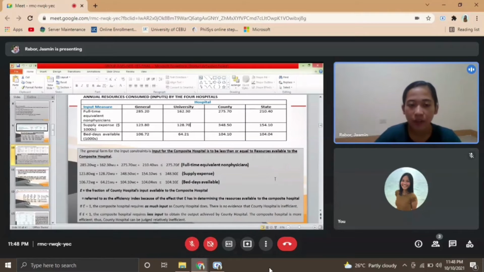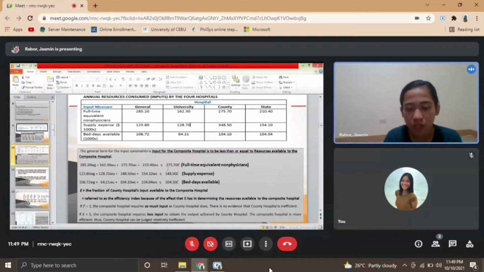The same goes for the input constraints. There is also a general form for the input constraints, which is input for the composite hospital to be less than or equal to resources available to the composite hospital. The left-hand side value is the composition of the inputs of the four hospitals.